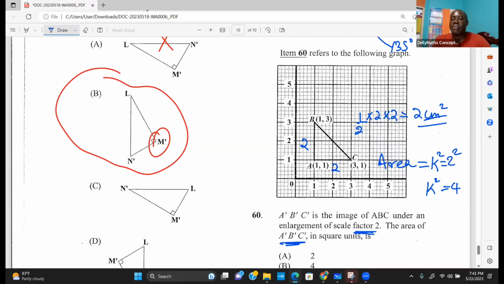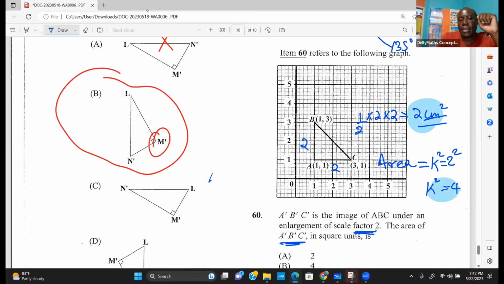So we're saying here, the image got bigger because the scale factor was 2 for the image. So what happened is that you could say that it gets bigger. So if the smaller one has an area of 2, and when we work out the relationship between area to area, you're going to get 4.